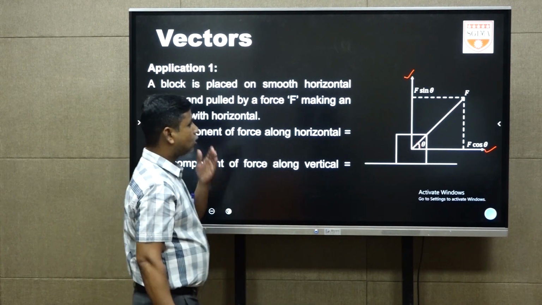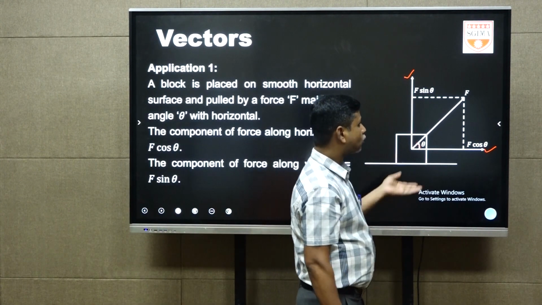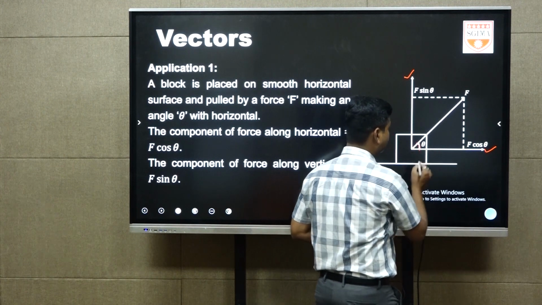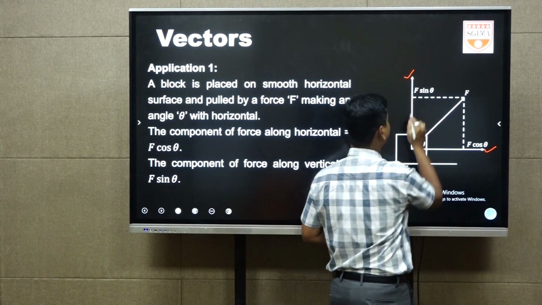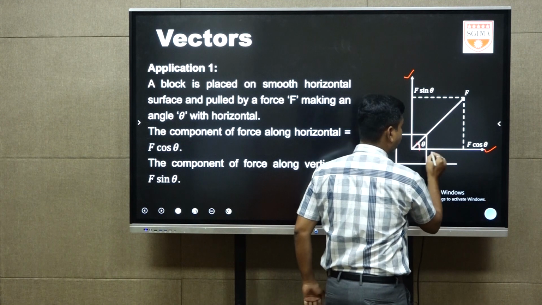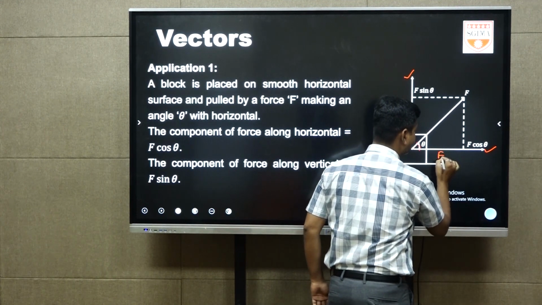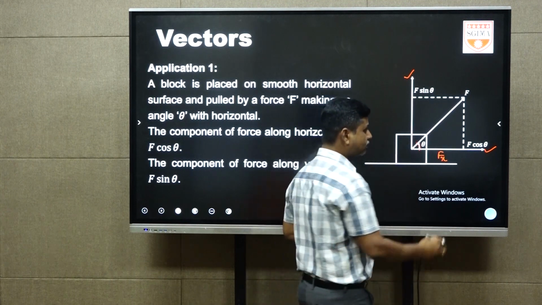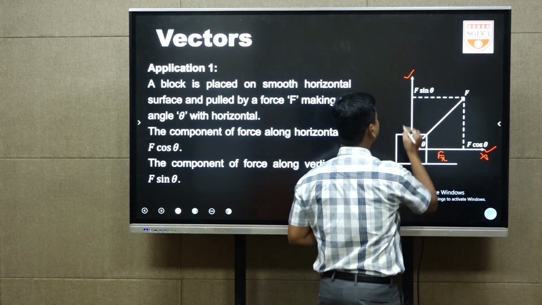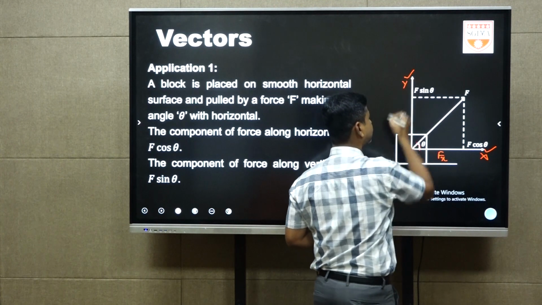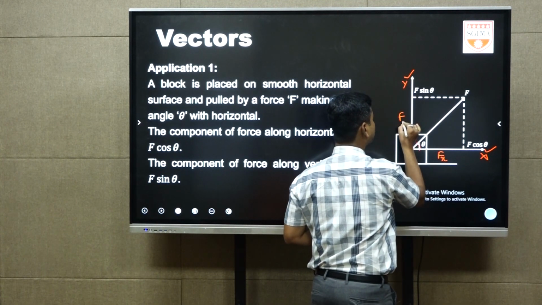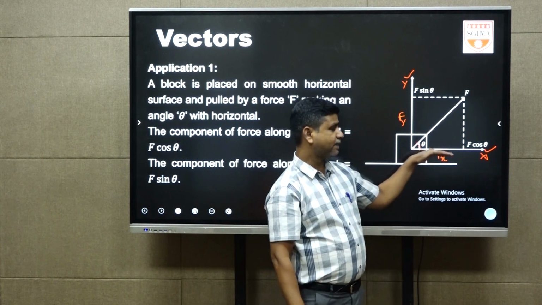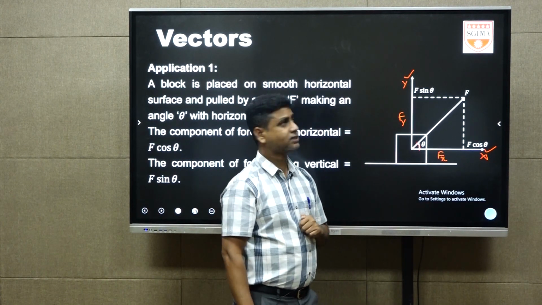See, what are the rectangular components of the applied force? Here we have the angle theta. This is the horizontal line, and this is the vertical line. Along the horizontal direction, which can be taken as the x-axis, the component of force is Fx.